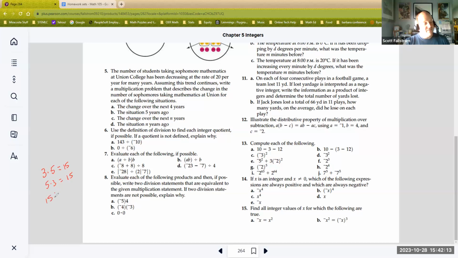We could say 15 divided by 5 is equal to 3, and we could say 15 divided by 3 is equal to 5. So here's 4 facts that are all linked together, and they're saying take this and turn it into a couple of division problems. So find the answer and then turn it into division problems so that you can see that going forwards and going backwards.